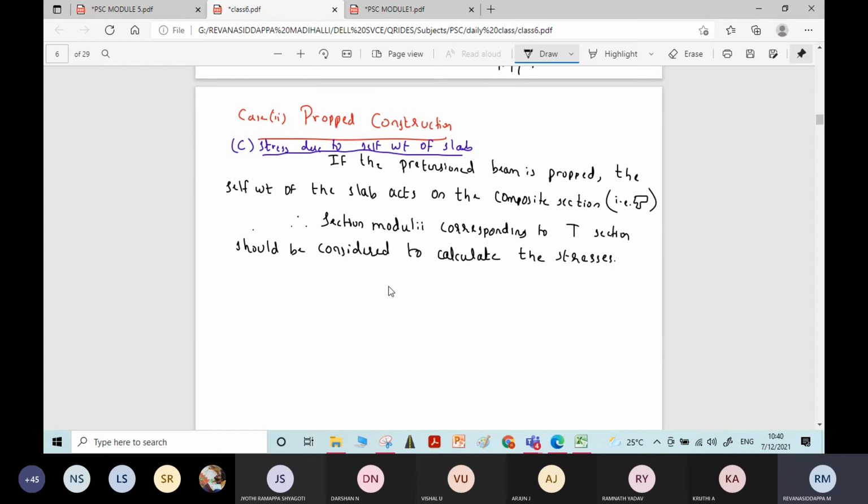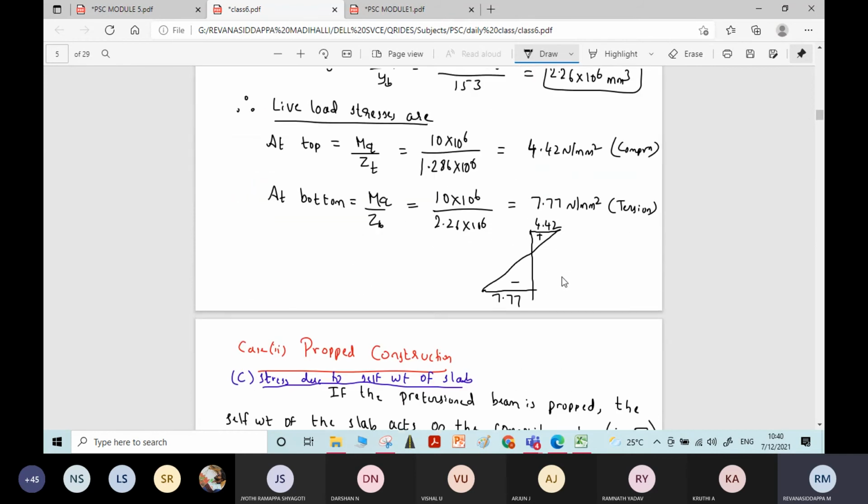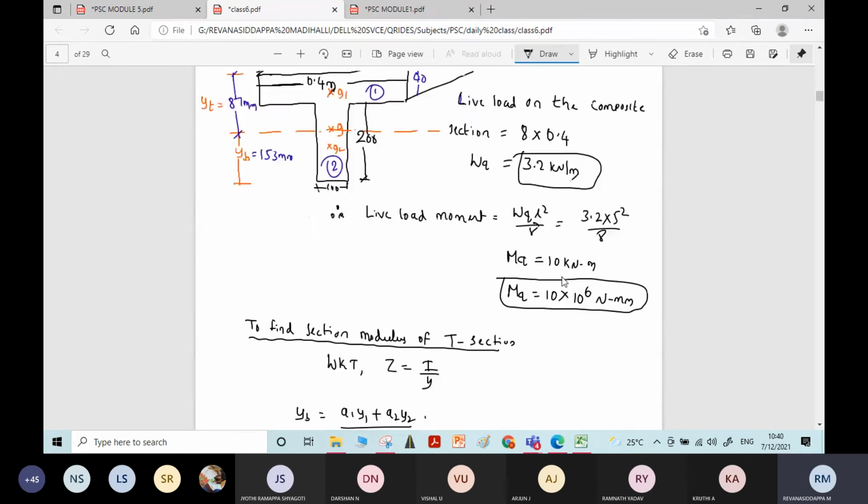Okay, we know the moment due to the slab that we have already calculated in the previous case. We know that the moment due to slab weight is equal to MSL. We have already calculated it in the unpropped method.